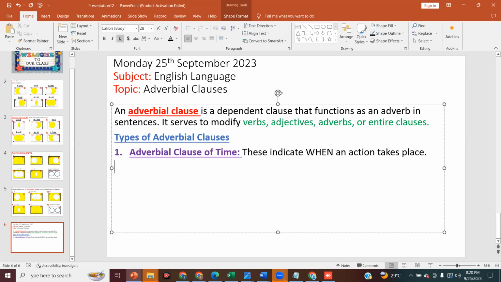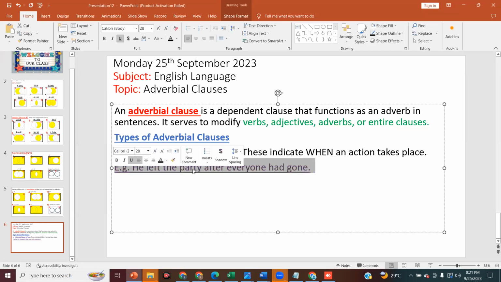For example, if I said, he left the party after everyone had gone. He left the party after everyone had gone.